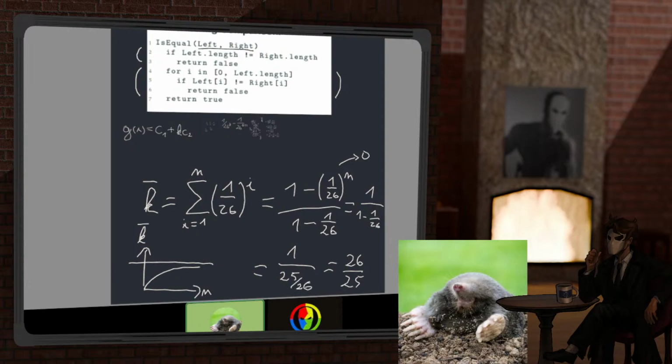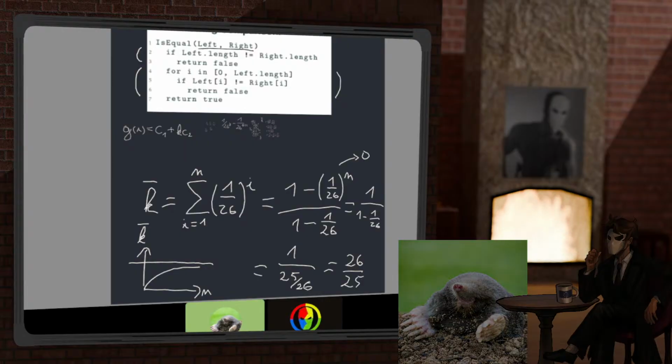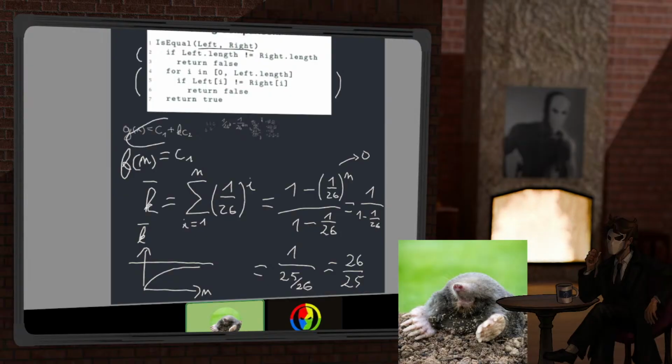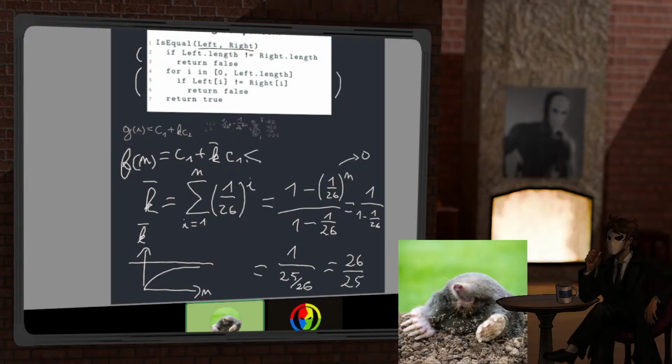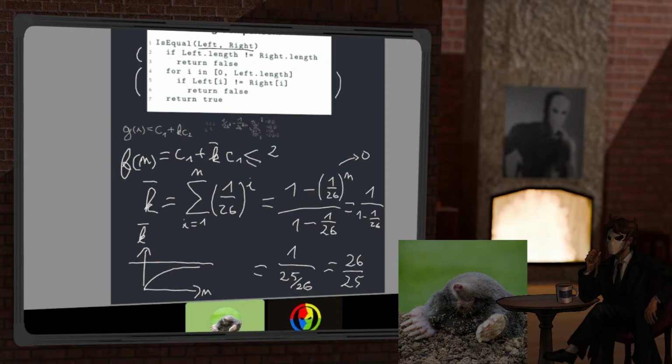This actually means that our average case is going to be similar to our specific case, just with the average k. But since this only goes up to a constant number, all this will always be smaller or equal to a constant.